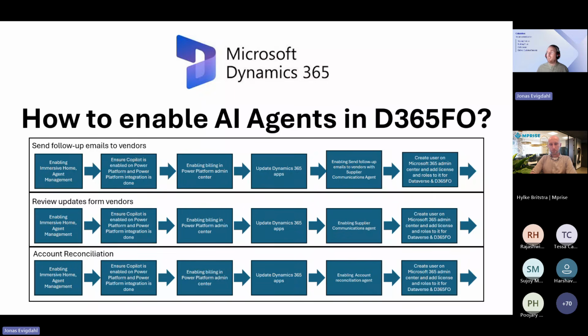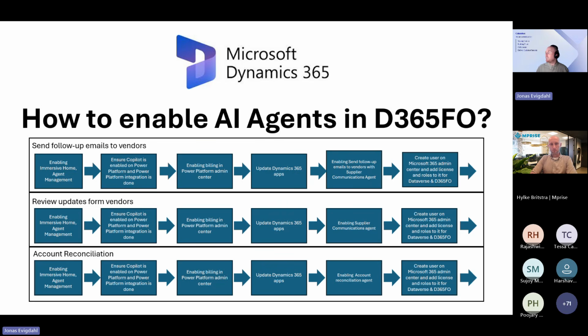Then we have a billing schedule that we need to configure in the Power Platform for managing cost when we are running with these agents. After that, we update the apps in the Power Platform, so we have the newest available version of the apps. And then we come to actually enabling the agents inside of D365.